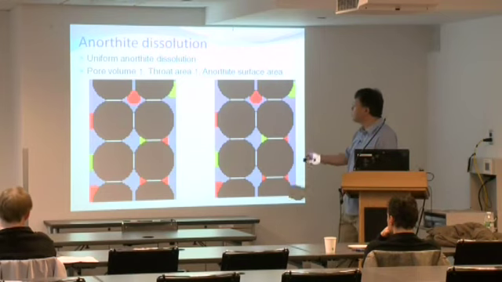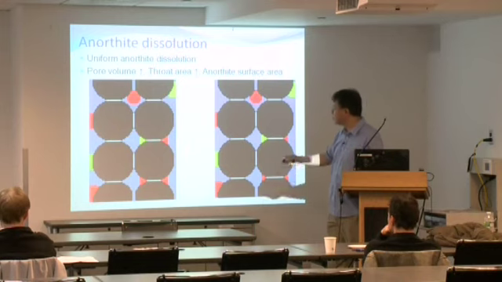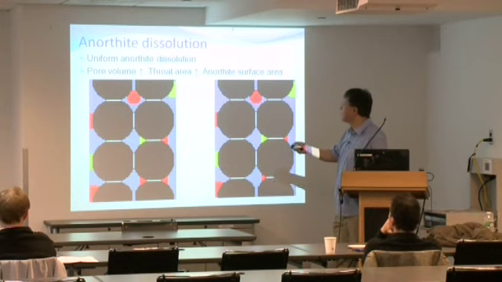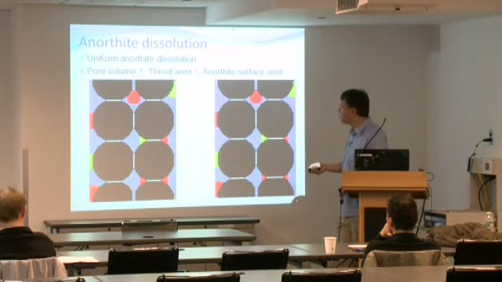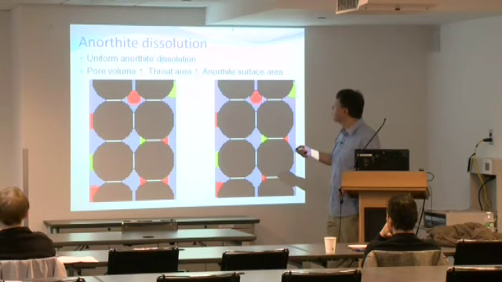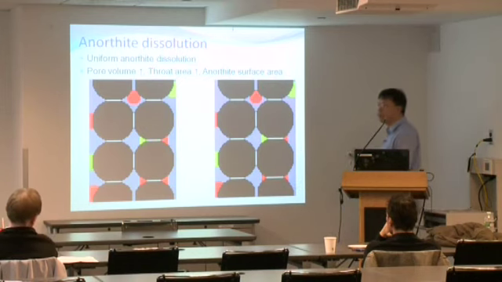So this is an example pore space, an example pore throat network. There are 8 pores, and this white color represents the throats. So we have 8 channels, and we apply uniform anorthite dissolution by 1 layer, then we have this image.